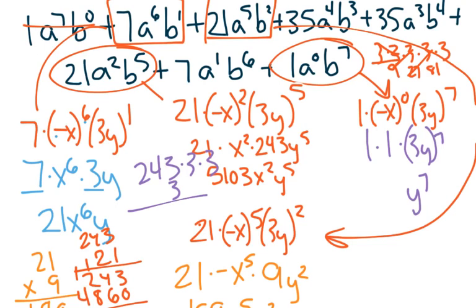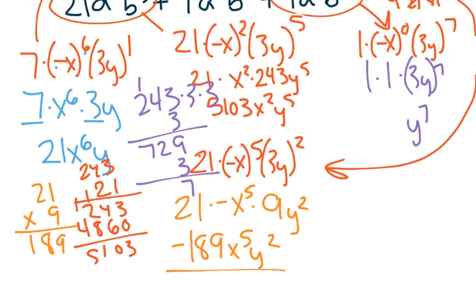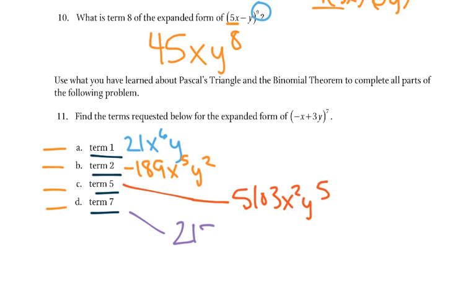So 243 times 3 would be 729. Times that by 3, and that'll give us our number, 2187. So 2187 y to the 7th. And there we go. Alright?